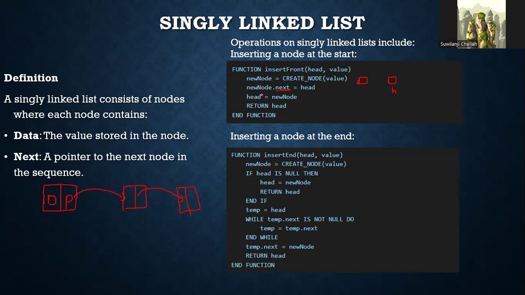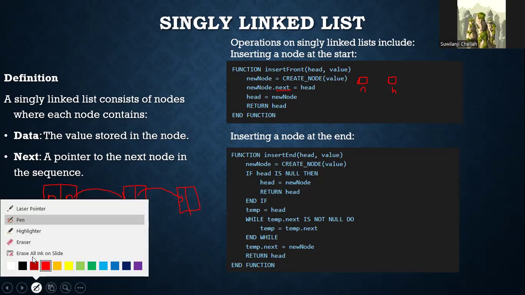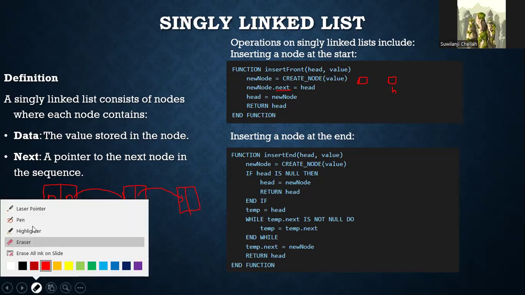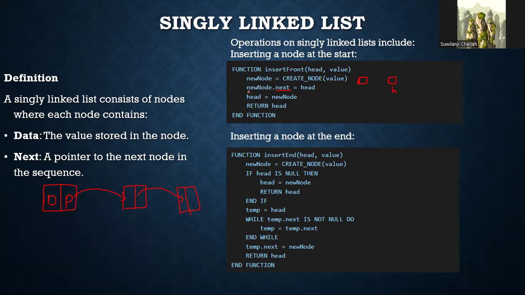So meaning head here, this guy, is going to be equal to new node. Sorry for the background noise. Let me just try to do this. Okay, so new node dot next is equal to head, right?